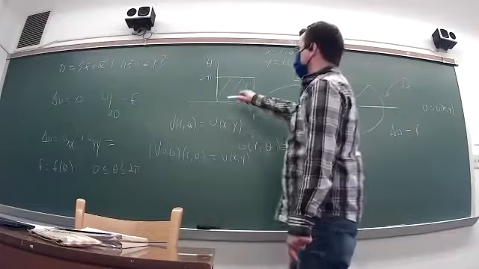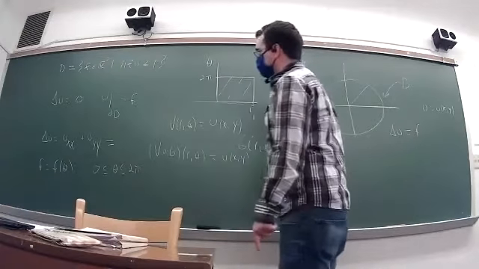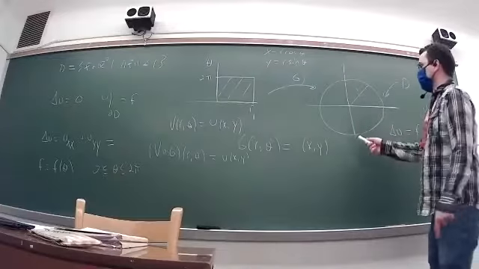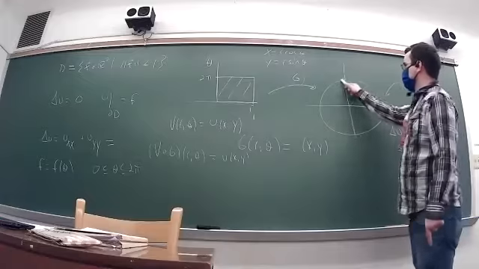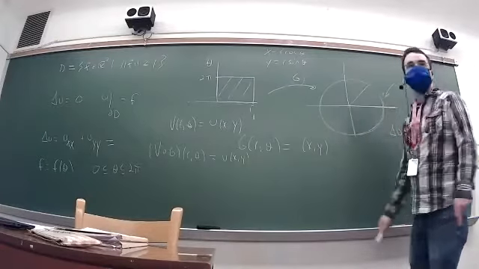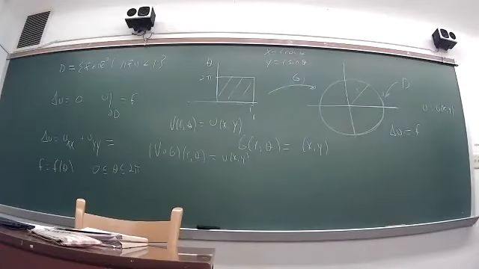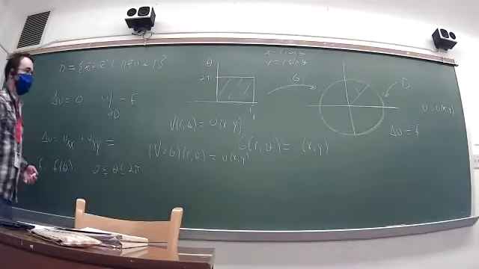So f is a 2 pi periodic function on this axis, if you like. Or the way you'll really be thinking of it is a function restricted to this circle. Either way you want to conceive it.